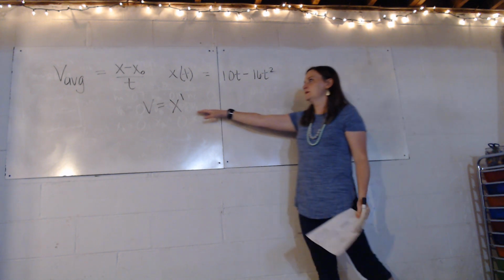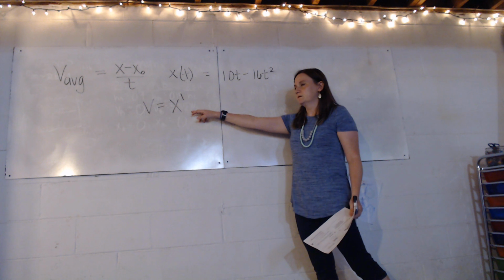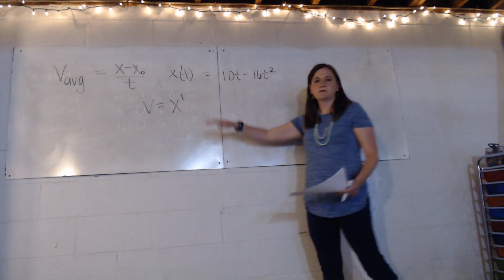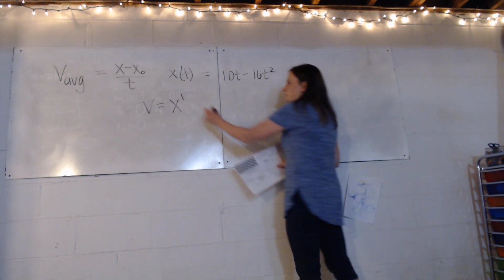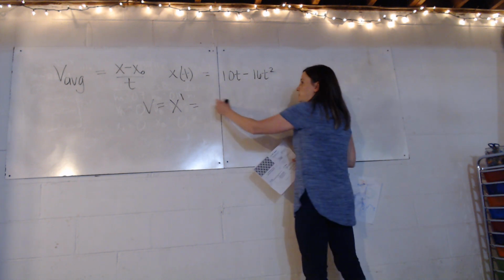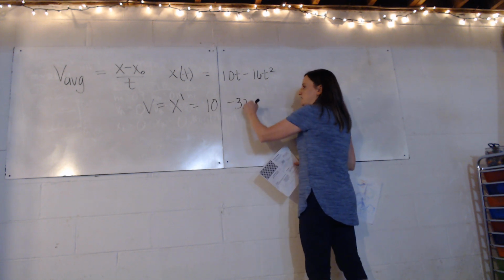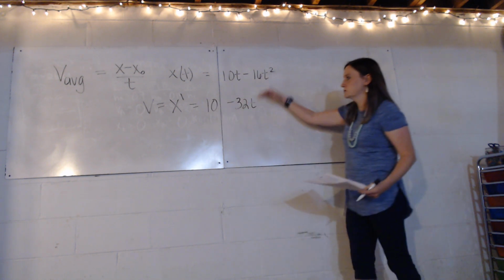Now you've been seeing the Newtonian notation, so I've been trying to stick with that. And so, if I took the derivative, again, I'm doing nothing new here yet. This is totally review. The derivative would be 10 minus 32t. So I just took the first derivative, right?